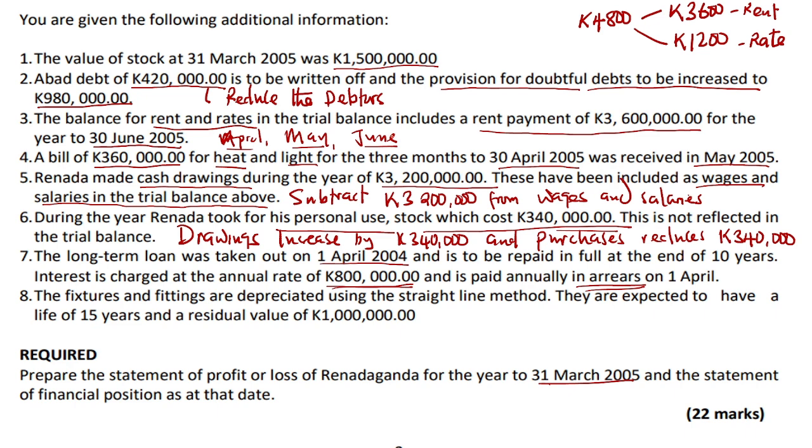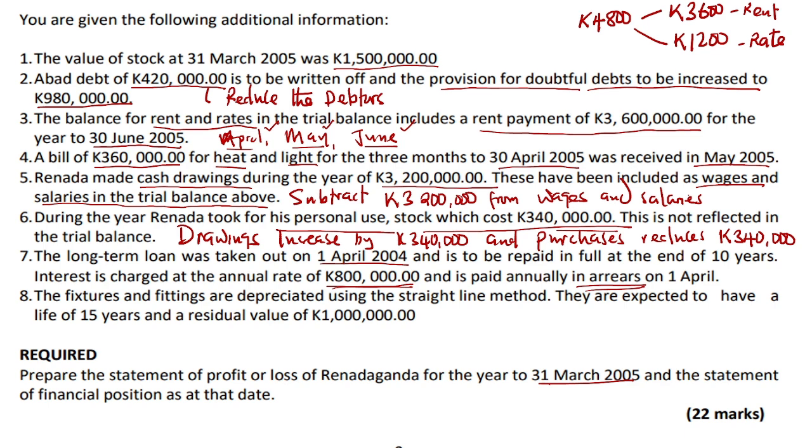Our statements were prepared on the 31st March, meaning this value is including payment for April, payment for May, and payment for June. The easiest is when you take this 3,600,000 and divide by 12, it's going to give you 300,000, meaning the payment for each month was 300,000.